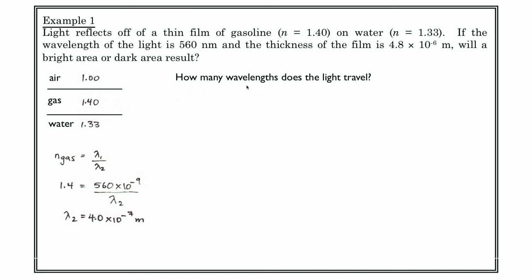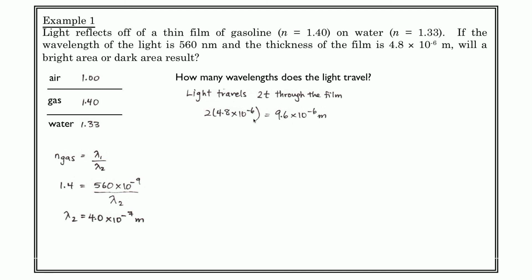So we say light travels a distance of 2 times the thickness of the gasoline. It goes all the way down through the film, and then reflects back up. And so 2 times the thickness of the film is equal to this 9.6 times 10 to the negative 6 meters.